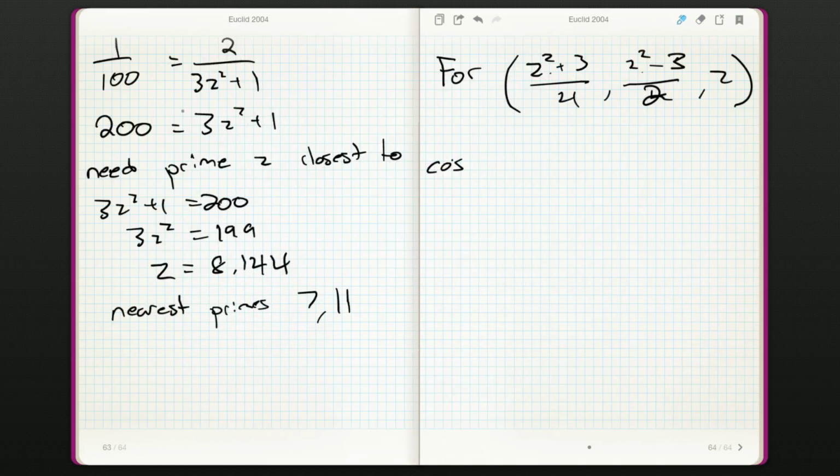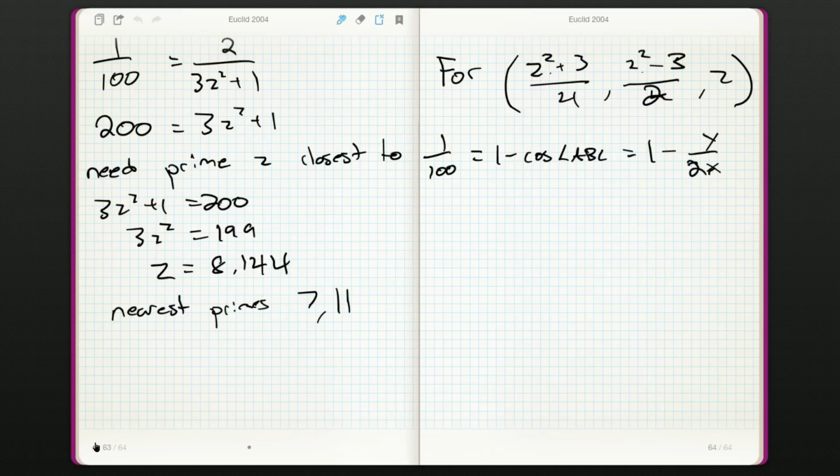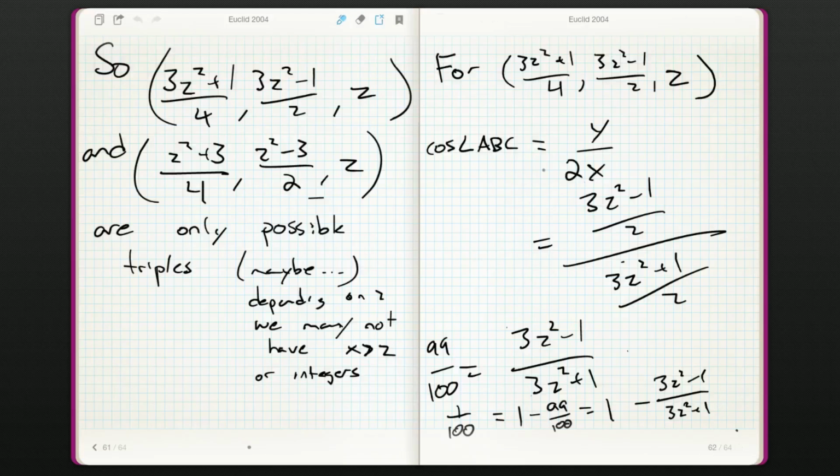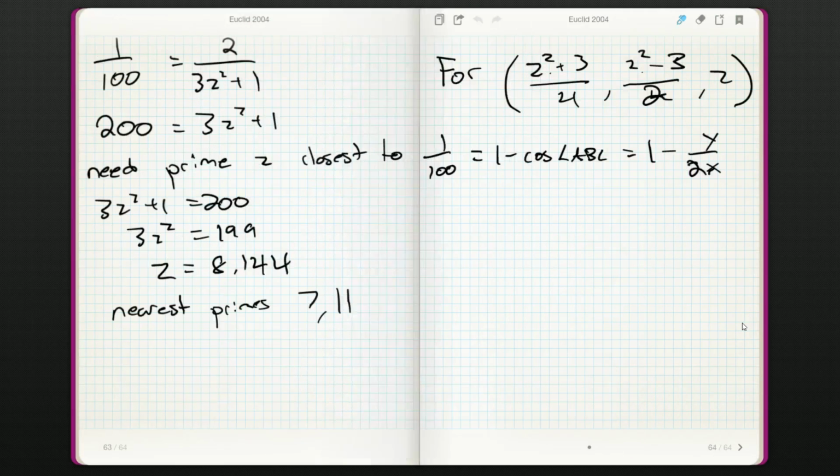I wonder if the 1 over 100 is going to work as well. So 1 over 100, 1 minus cos ABC. 1 minus y over 2x, right? Was 2x. Yep. Okay.